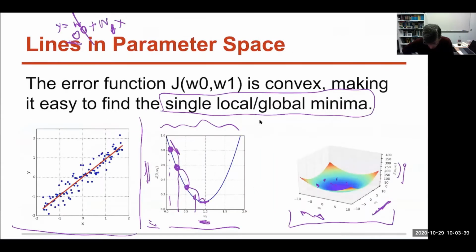Once we have that, we get a surface. Because this surface happens to be convex, a smooth, bowl-shaped thing, we can use some kind of constantly walking downhill procedure to get to the optimal parameter. Any questions about that?